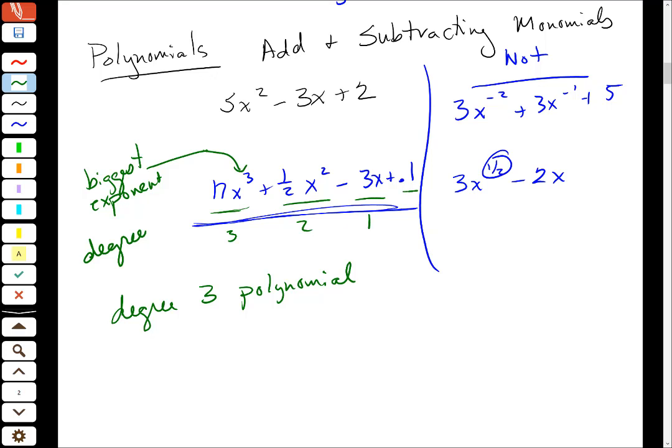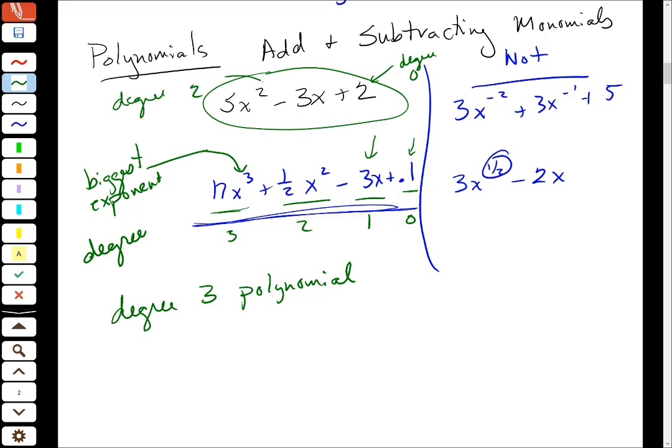The degree of just numbers is 0. When there's just an x, there's a hidden exponent of 1 that we don't write. We understand it to be 1, so the degree of this term is 1. The degree of constants, like here, this number 2 has degree 0, even though this whole polynomial has degree 2, because 2 is the highest exponent right there. Okay.